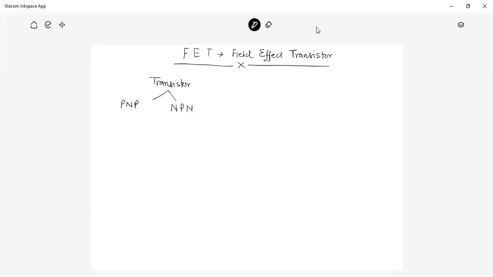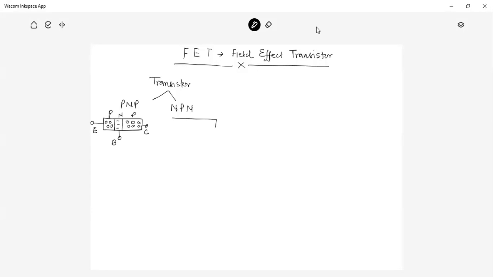This is P, here it is N and then P. The terminals are, this terminal known as emitter, this terminal known as base, and this terminal as collector. Charge carriers are holes, here electrons, and in case of collector, it is holes.